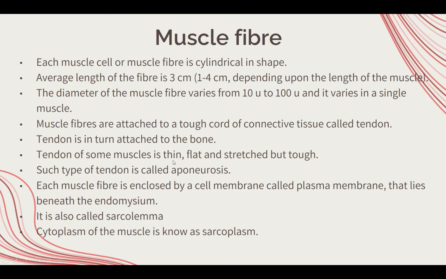The tendon of some muscles is thin and flat, stretched but tough. This type of tendon is called an aponeurosis. Each muscle fiber is enclosed by a cell membrane, the plasma membrane, that lies beneath the endomysium. The plasma membrane is also called the sarcolemma, and the cytoplasm of the muscle is known as sarcoplasm.